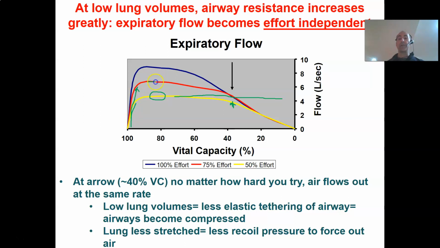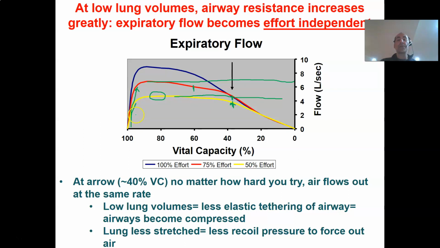This time the flow gets to about 7 liters, 6.5 liters per minute, and starts to tail off at about 60. By the time you get to 40%, you'll notice that the slope of the line of the red and the slope of the line of the yellow is just about the same. Remember, you're using 25% more force, and the slopes aren't that different.